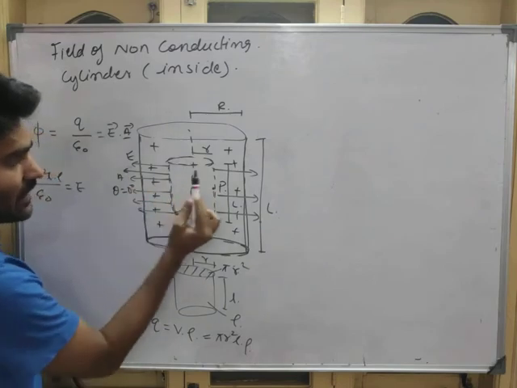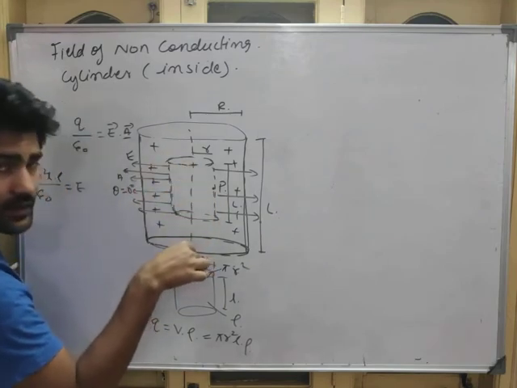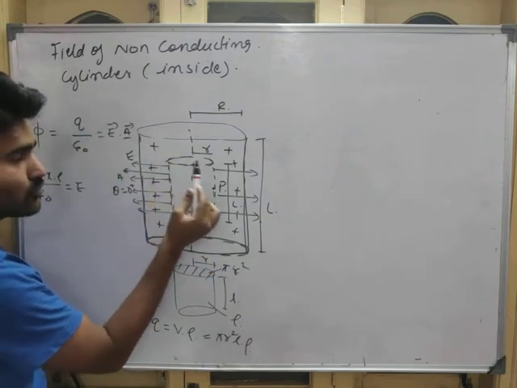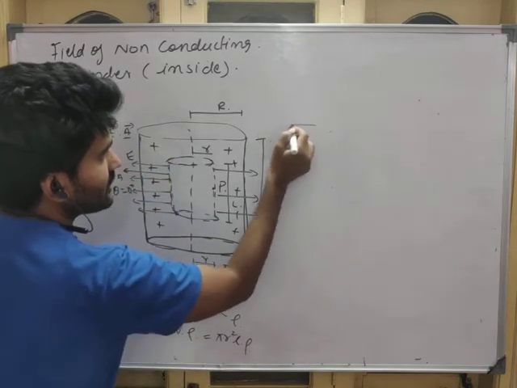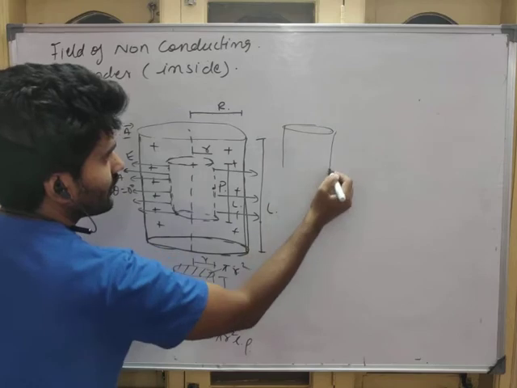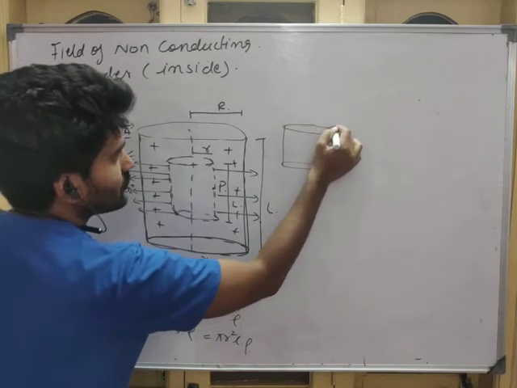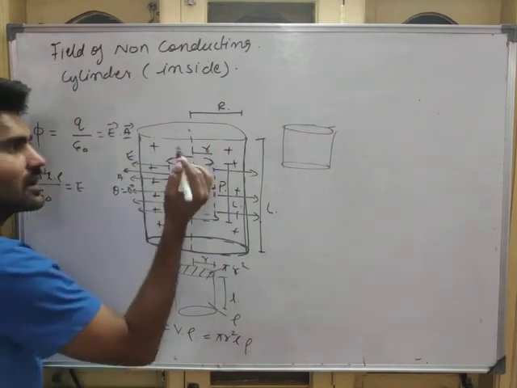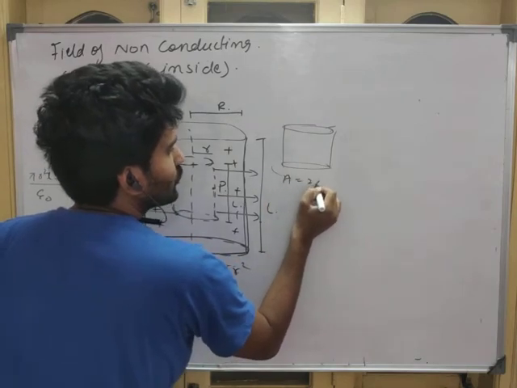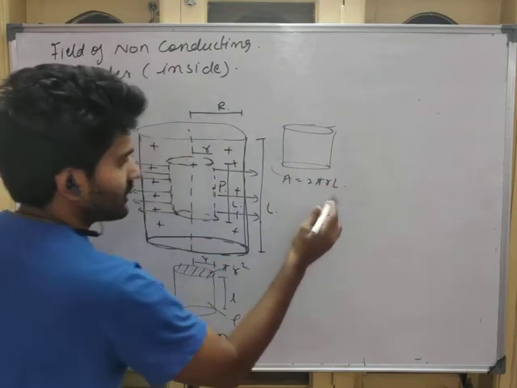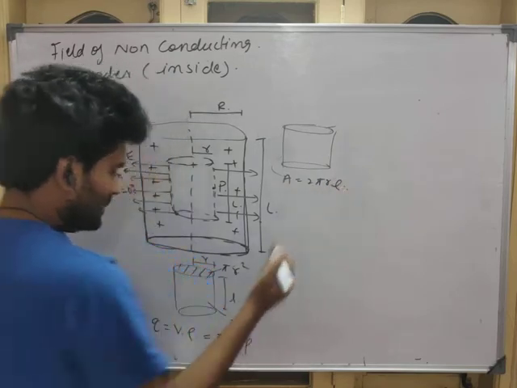It means we have to find this surface area. What is the surface area? This circumference is 2 pi r into length. So the outside area will be 2 pi r l, right? Small l it is.